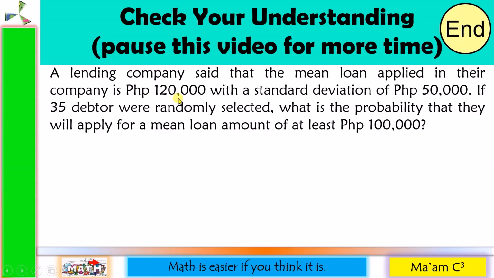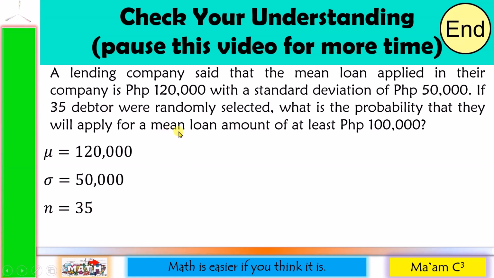So we have here 120,000. This is the population mean. A standard deviation of 50,000 pesos. So this is sigma. And then we have 35 debtors randomly selected. So n is equal to 35. And the mean of 100,000, which is referring to the sample. So sample mean of 100,000.